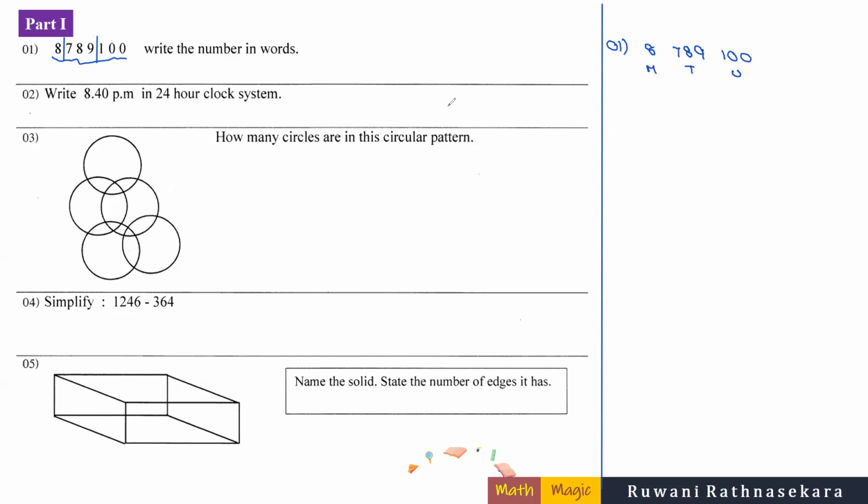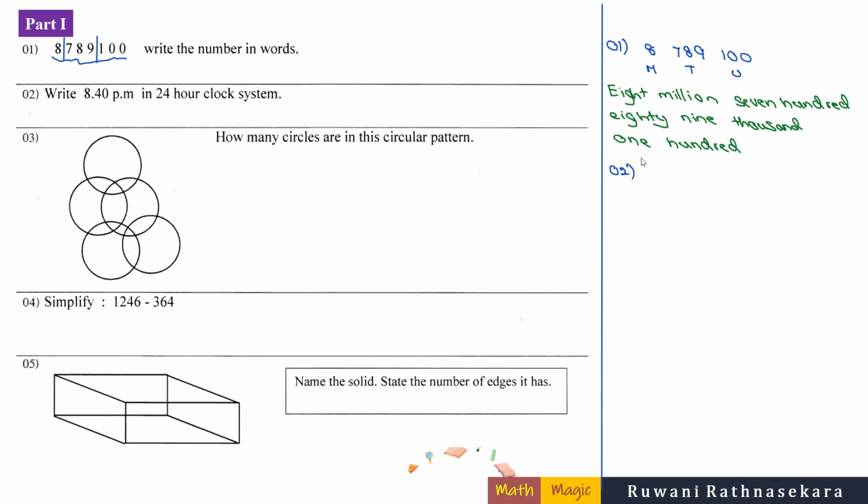You know the way to read the number. It's 8 million, 789,000, 100.